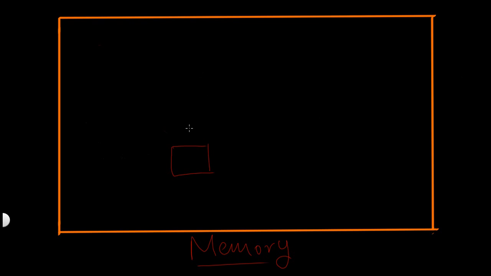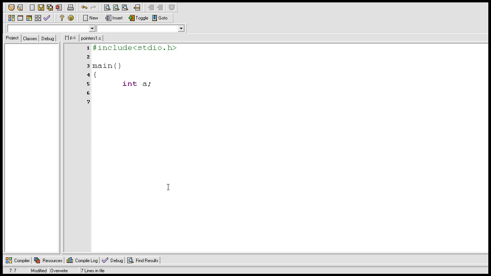Let's say this is my computer's memory, and this memory location is allocated to the variable a. Every memory location has an address, so this memory location will also have an address. I can go ahead and find out the address of the memory location allocated to the variable a.